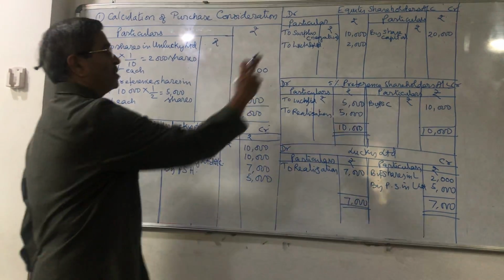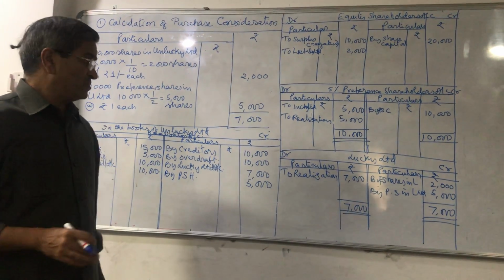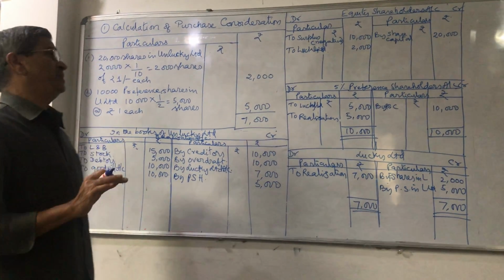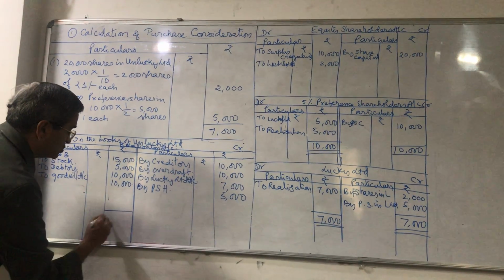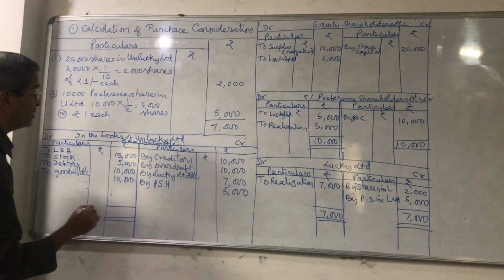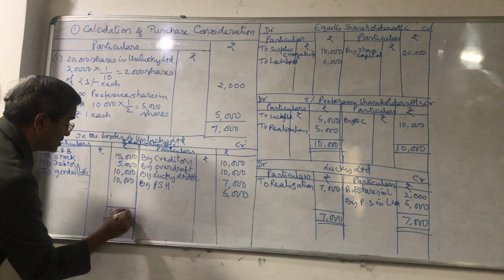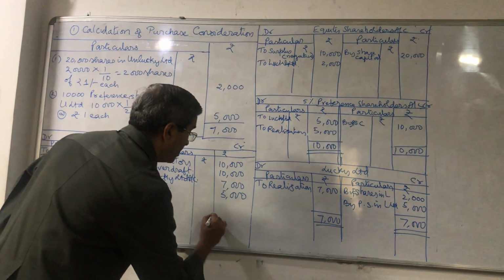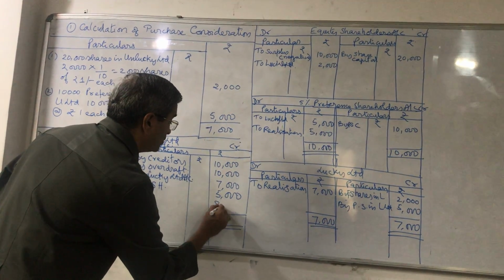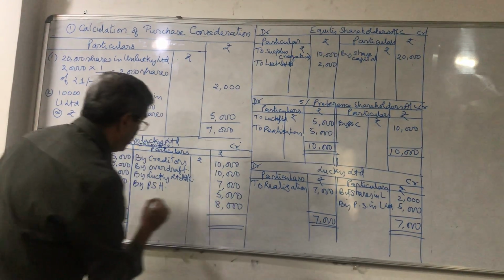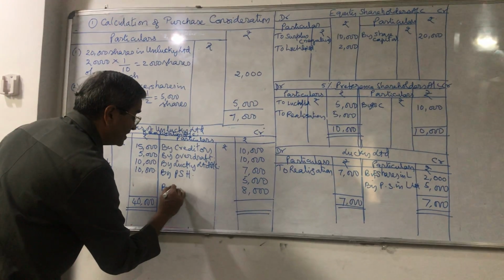There are only two accounts now, both are to be mutually transferred. We should always close equity shareholders last. So we need to find out whether you are getting any profit or loss. If you look here, you are getting 40,000 as the total on the debit side, and on this side it is 32,000. The difference of 8,000 is the loss on realization.